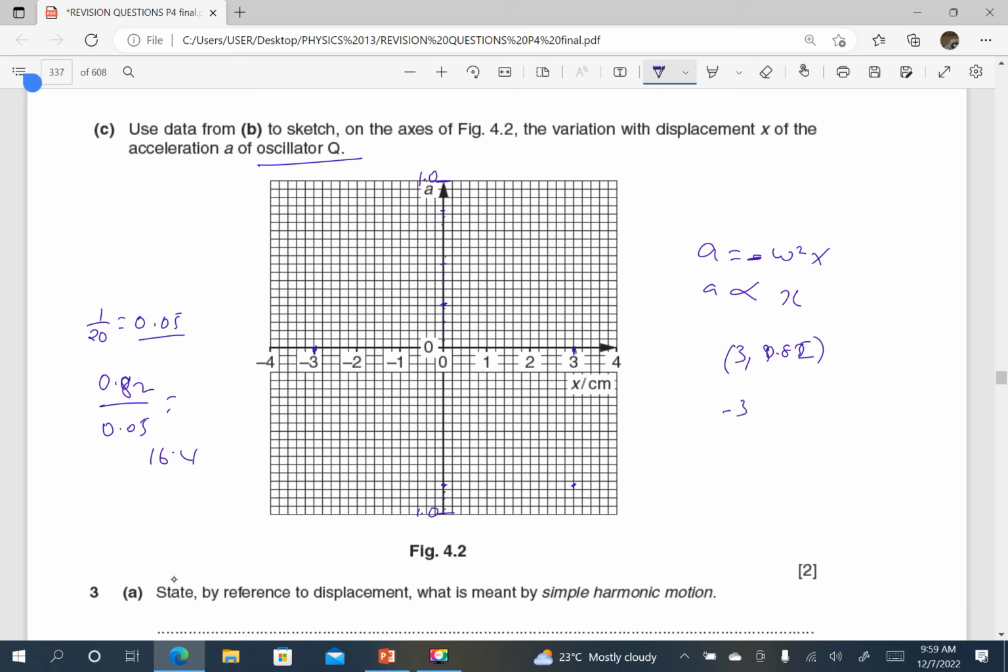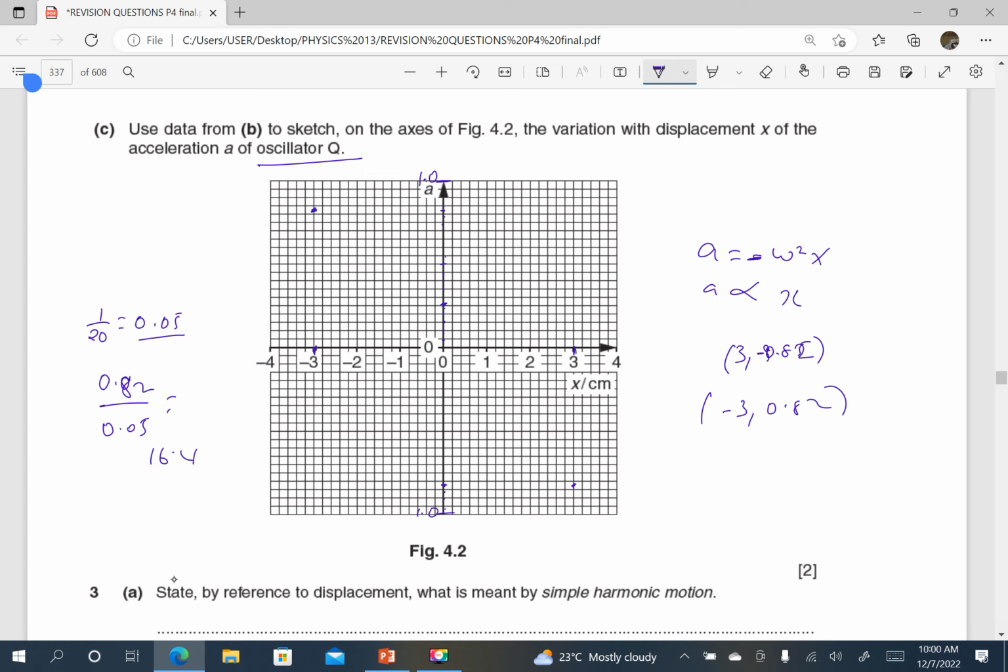Then I plot -3 and 0.82. So if 3 is negative that, then -3 is positive that. So 3 is going to be here, and 3 against 0.82 is there. So I'm plotting these points.